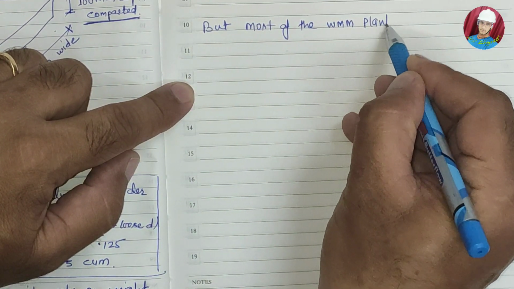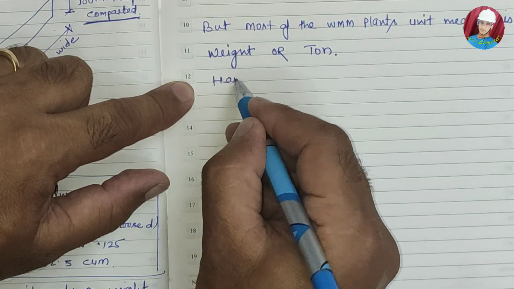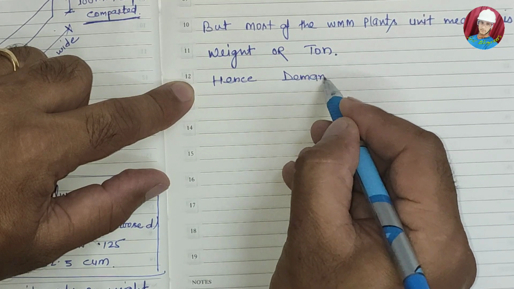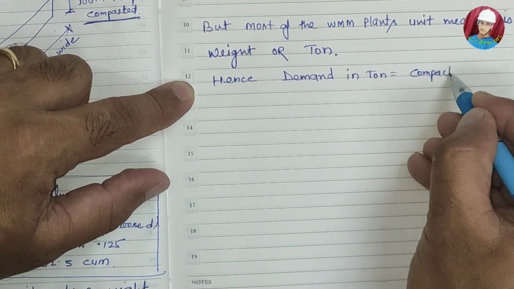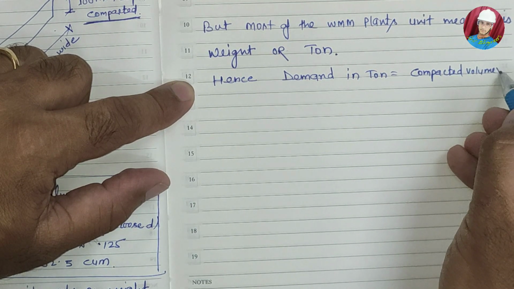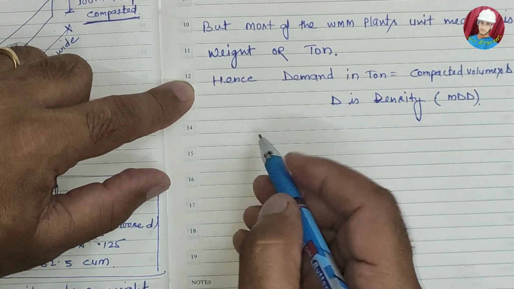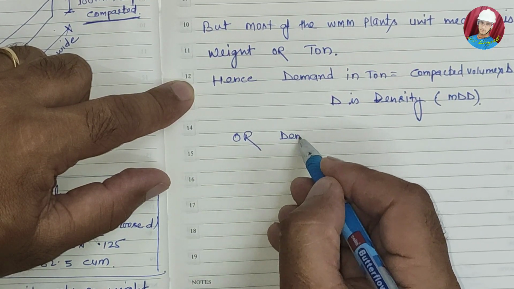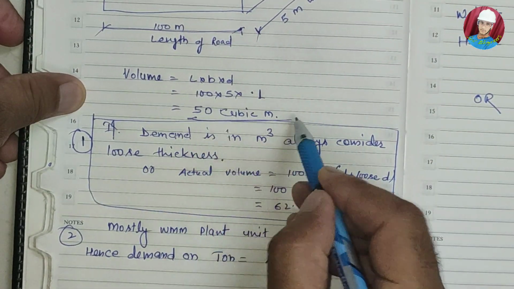But most of the WMM plants work on tonnage, or the weight of the WMM. So in that case, if you have to place the demand, then the demand in tonnage will be compacted volume into density. The compacted volume is the previous volume which we have calculated, it was 50 cubic meter.